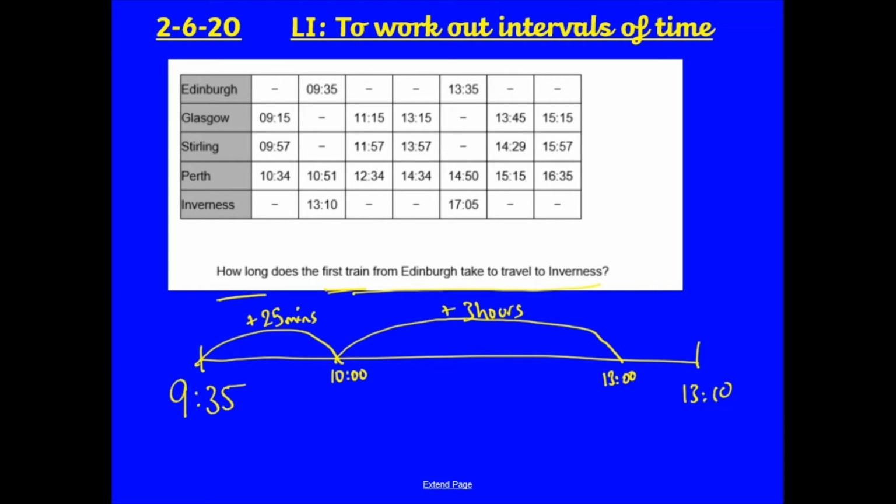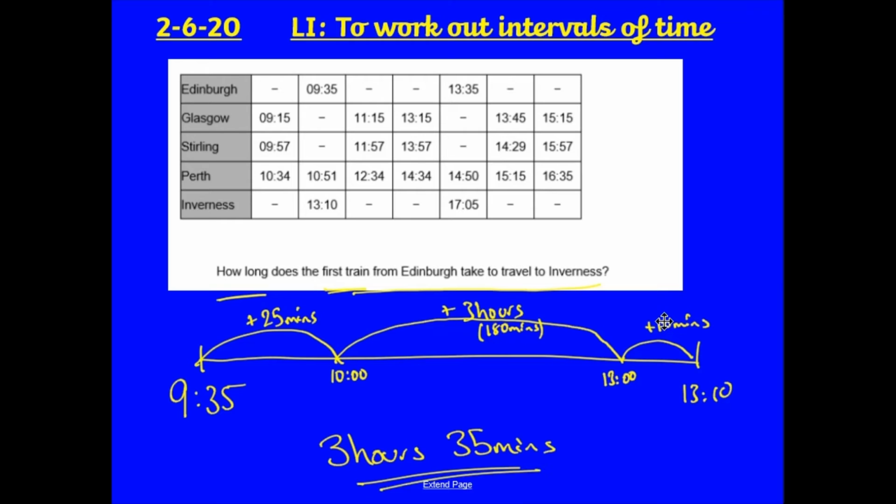And then from 1300 hours to 13:10, I am going to go plus 10 minutes. Again, you could imagine that 3 hours is 180 minutes if you wish to. The choice is yours. So that would be 25 minutes plus 3 hours is 3 hours and 25 minutes, plus 10 minutes, that is 3 hours and 35 minutes. And that is how long the train takes.